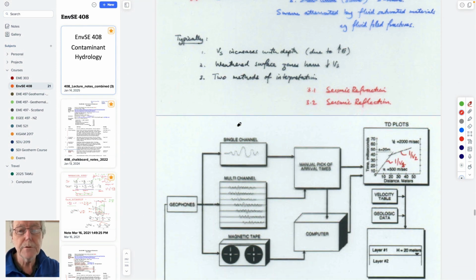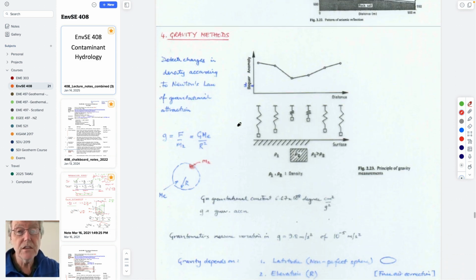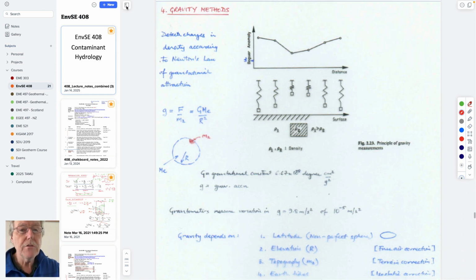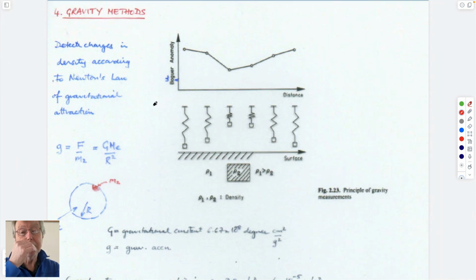So we talked about seismic refraction and seismic reflection, how you get that. Gravity methods, not much is used there. The idea is that if you can measure very locally and very accurately the gravity at every point on a traverse across the ground, just by measuring the force in a spring as it dangles a weight, the force in the spring will be larger if gravity is stronger in a particular location.